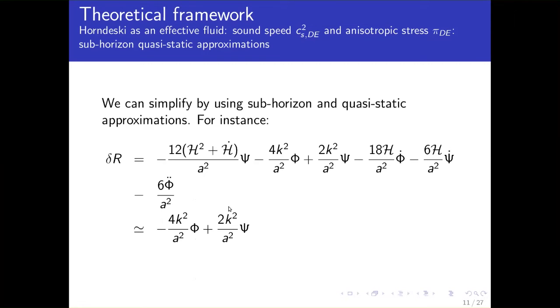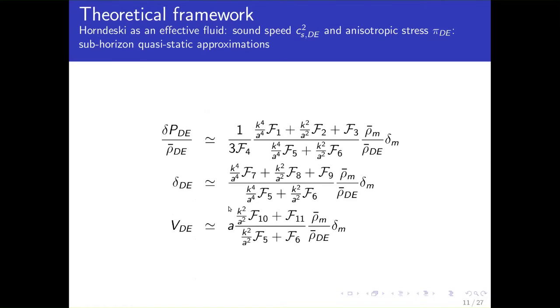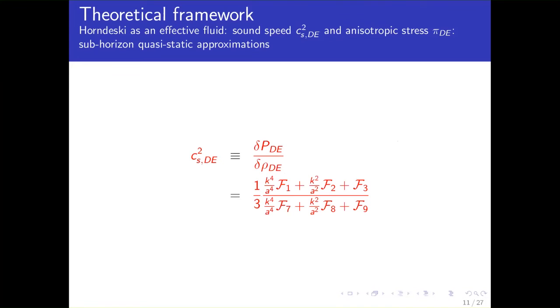So by doing so, in our expressions for the pressure perturbation, the density perturbation, and the perturbations of the velocity, we can have these nice analytical expressions for the remaining Horndeski Lagrangian, right? And from this, we can obtain the sound speed, also an analytical expression for this.